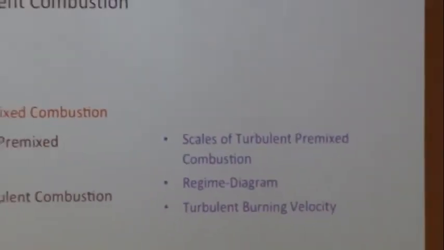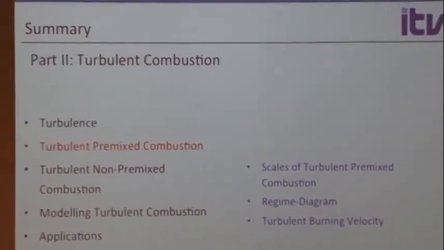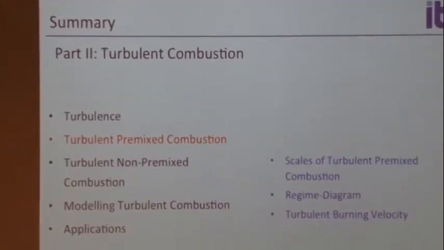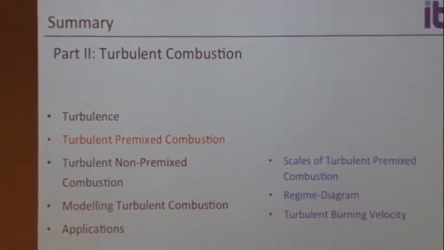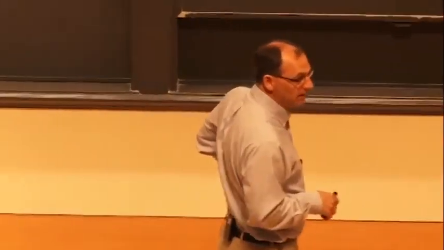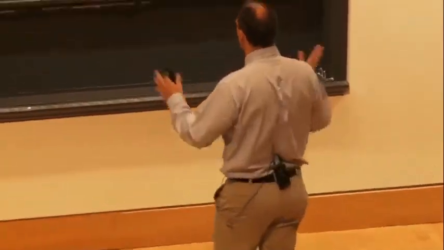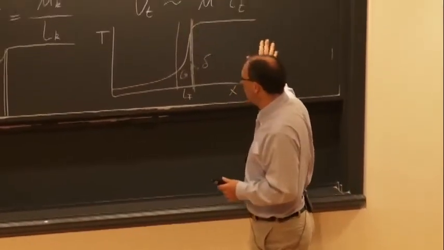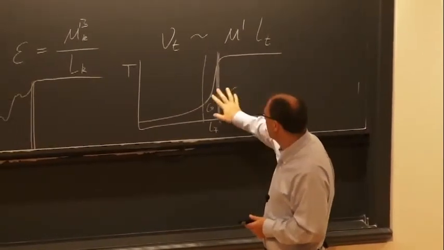Okay, so that's something about the physics of premixed turbulent combustion, where we have two different regimes, large scale and small scale. Using the Karlovitz number as a parameter, we identified these different regimes in this regime diagram, which describe the interaction of the smaller scales of the turbulence with the flame.